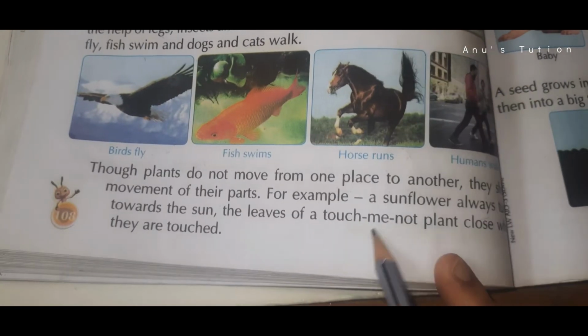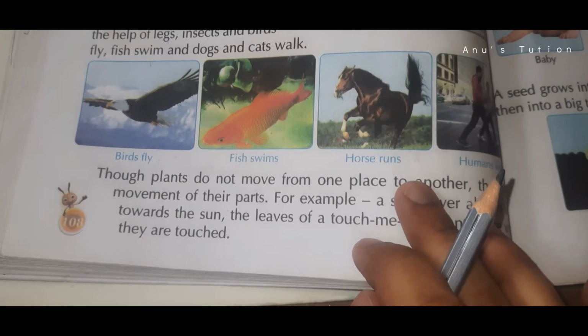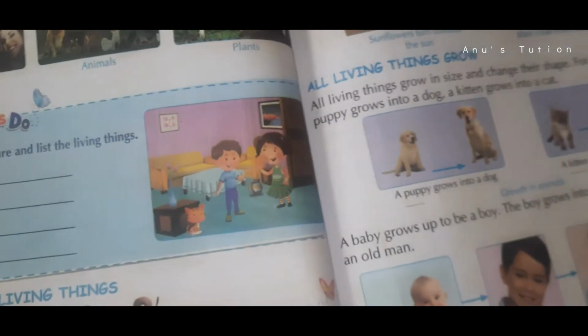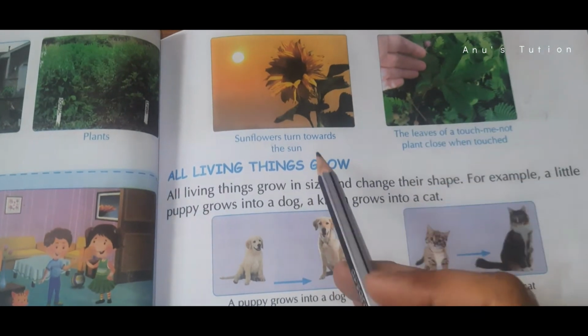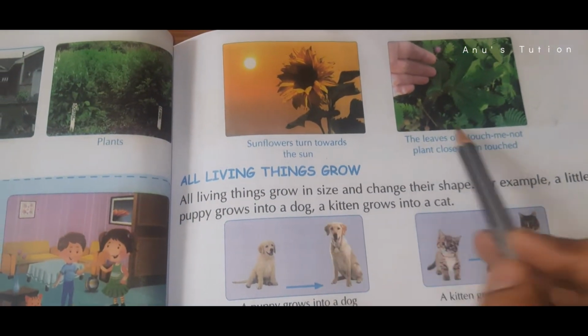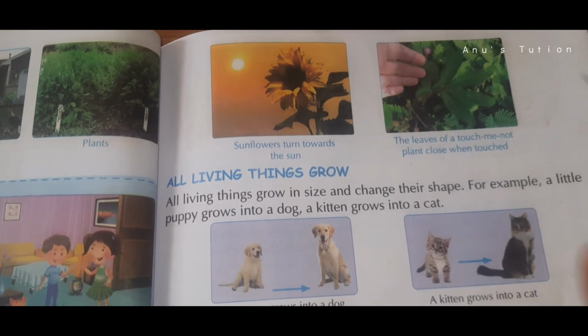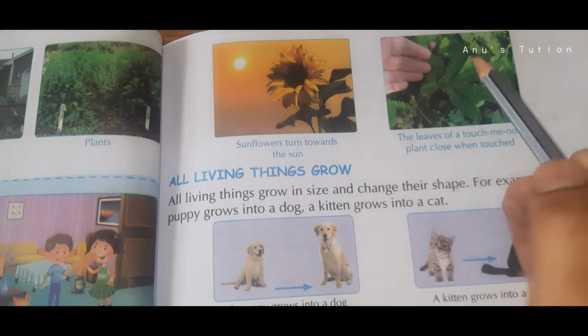The leaves of a touch-me-not plant close when they are touched. This is a feature of living things. See here, the sunflower turns towards the sun. The leaves of a touch-me-not plant close when touched. I hope you will compare this picture with the real thing.